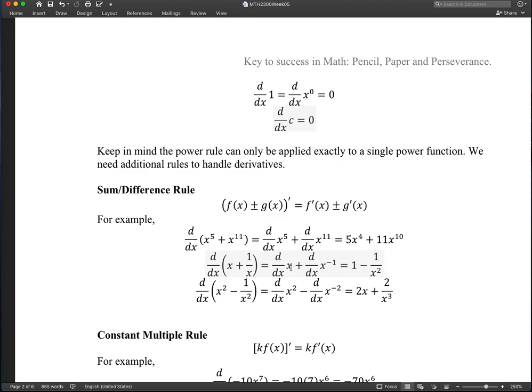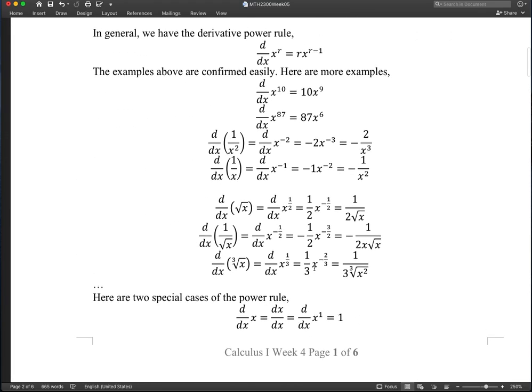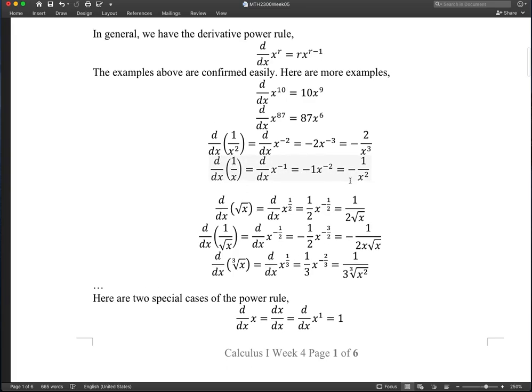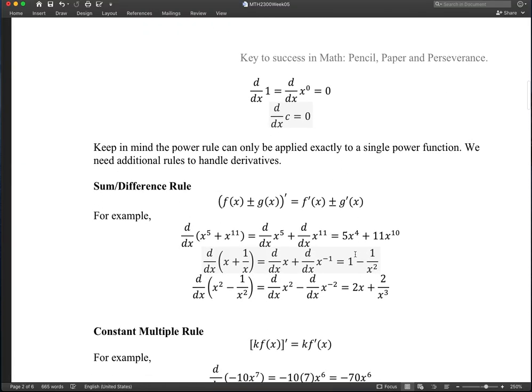Certainly, the x part is easy. For 1 over x, to get a derivative, you consider this as x to the negative 1. We did have the derivative of 1 over x right here, so I just copied the result directly from there. Together, it is 1 minus 1 over x squared.